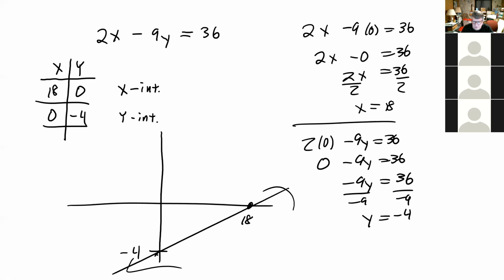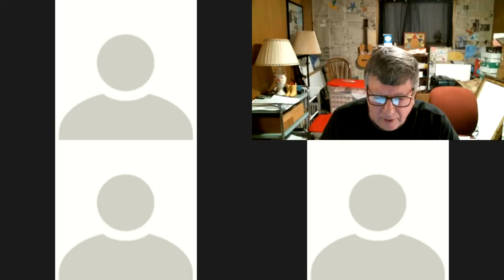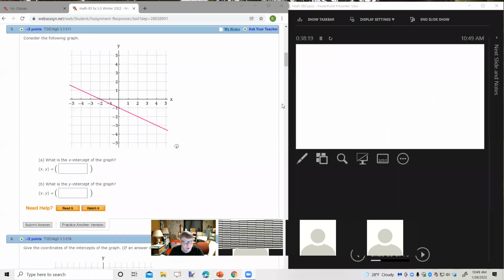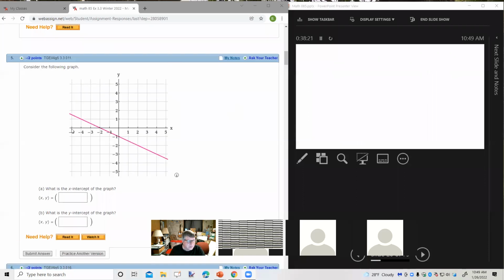Yes. Okay, so now let's take a look at some WebAssign problems. This one says, consider the following graph. We already have the graph. What is the x-intercept of the graph? Well, where does the graph cut through the x-axis? Right there.